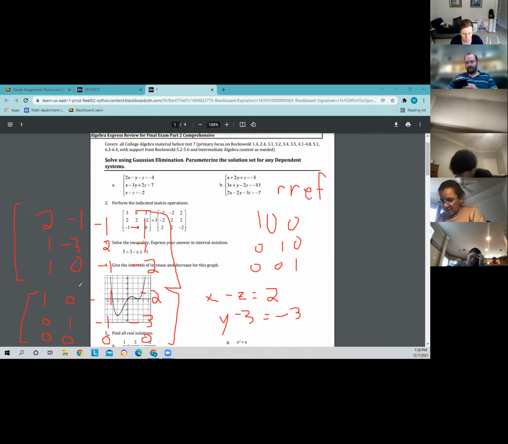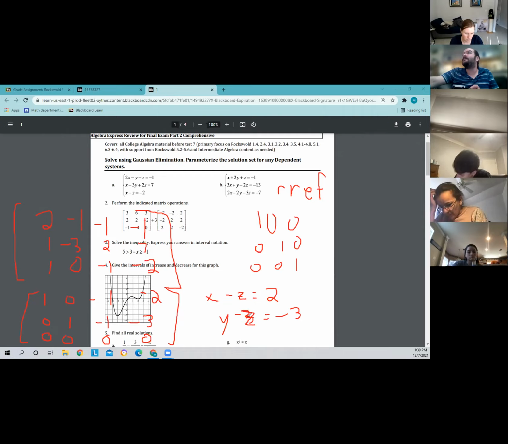I did it by hand, and I find this result. Do you get nothing but zeros on the bottom? Yes, I get nothing on the bottom.